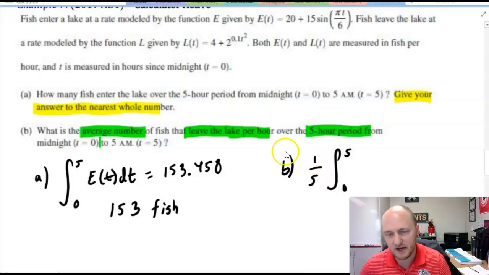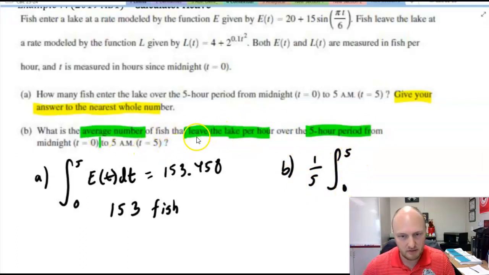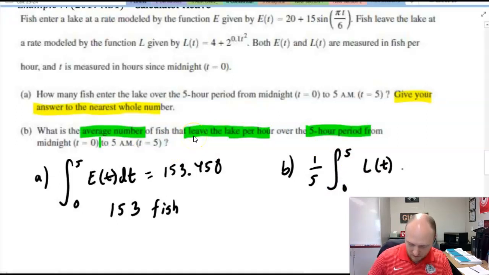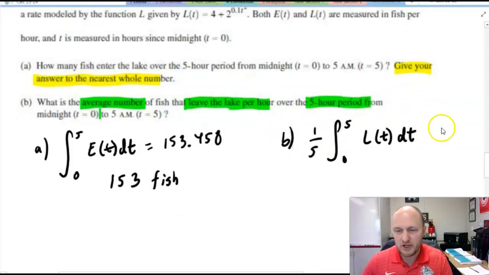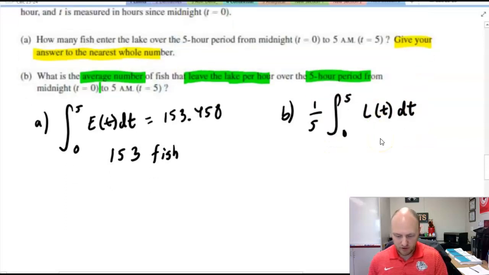I'm dividing by the width of the time period that's in question, right? B minus A, 5 minus 0, 5, 1/5 times the integral from 0 to 5, and I want the average number of fish that are leaving the lake. Leaving. So I'm going to use L of t dt. So always write down what you're putting into your calculator.